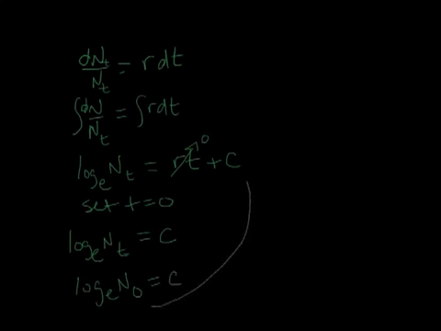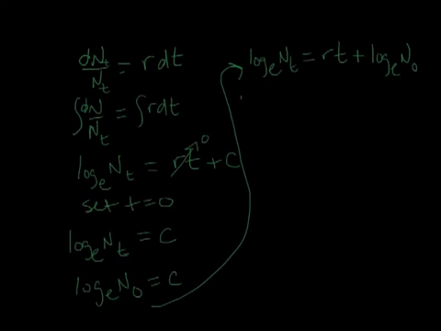So now our original equation becomes the log base e of n at t is equal to r times t plus the log base e of n at time 0.